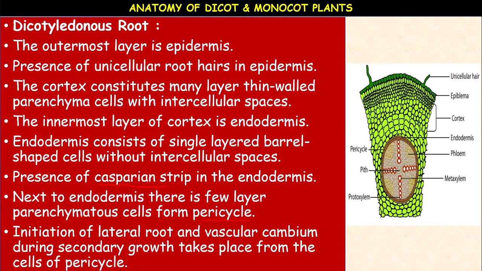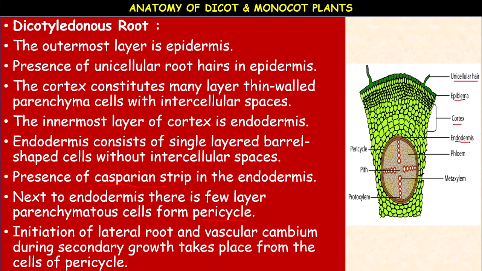You can see this is the outer epidermis or epiblema. It possesses unicellular root hairs. Beneath the epiblema, the layer of cells present is the cortex. The innermost layer of the cortex is called the endodermis.